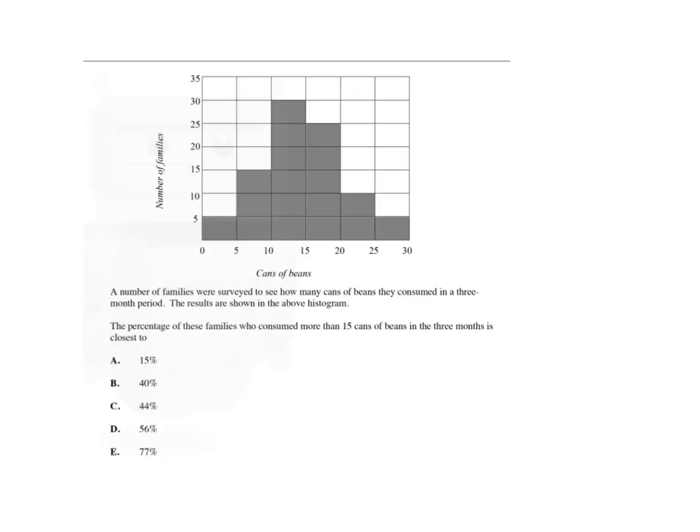Okay, so a couple of exam questions on histograms. A number of families were surveyed to see how many cans of beans they consumed in a 3-month period. The results are shown in the above histogram.